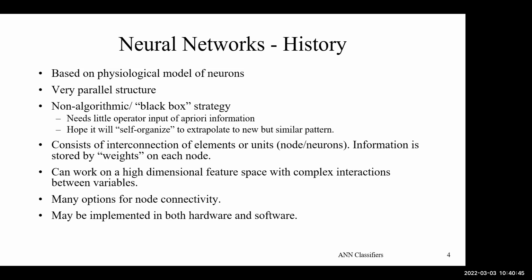Neural networks are based on physiological models of neurons, with things in your brain that sometimes work. It's a very parallel structure. It's not an algorithmic thing. It's not like nearest neighbors where you say do this because. It's not like Bayes where you say the probability is here, do this because here's your algorithm.